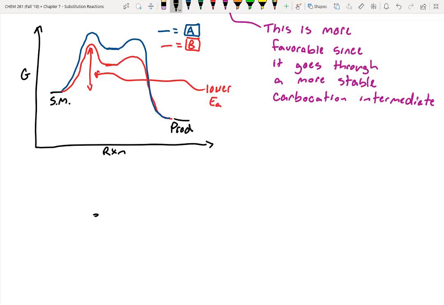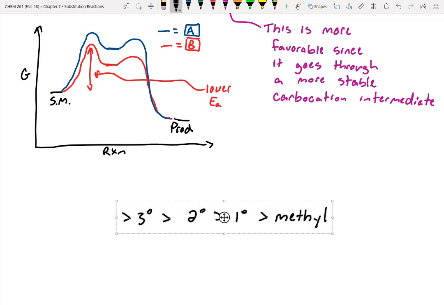All right, so that kind of leads me to my next point, is let's make a box here. We've got tertiary carbocations, which are more stable than secondary carbocations, which are more stable than primary, which are more stable than methyl. And we can even put in resonance up here. Actually, I'm going to slide this over. But resonance is the most stabilizing feature.